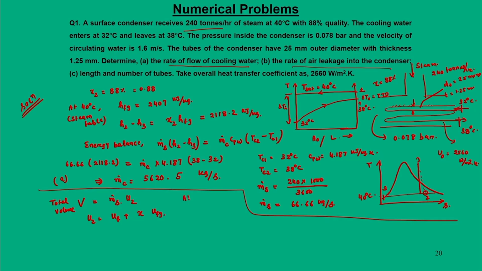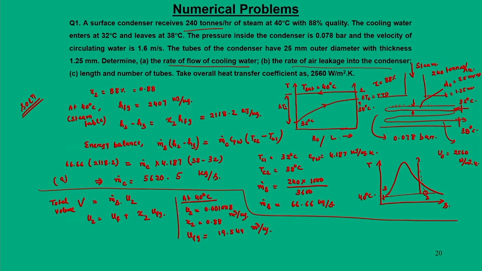Now, at 40 degree centigrade, we can calculate V2. Vf is 0.001008 meter cube per kg, x2 is 0.88, and Vfg is equal to 19.544 meter cube per kg.